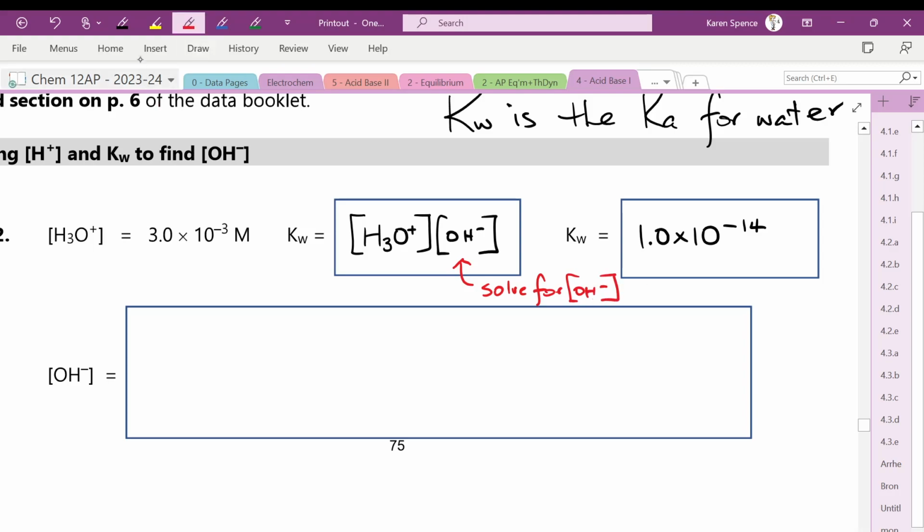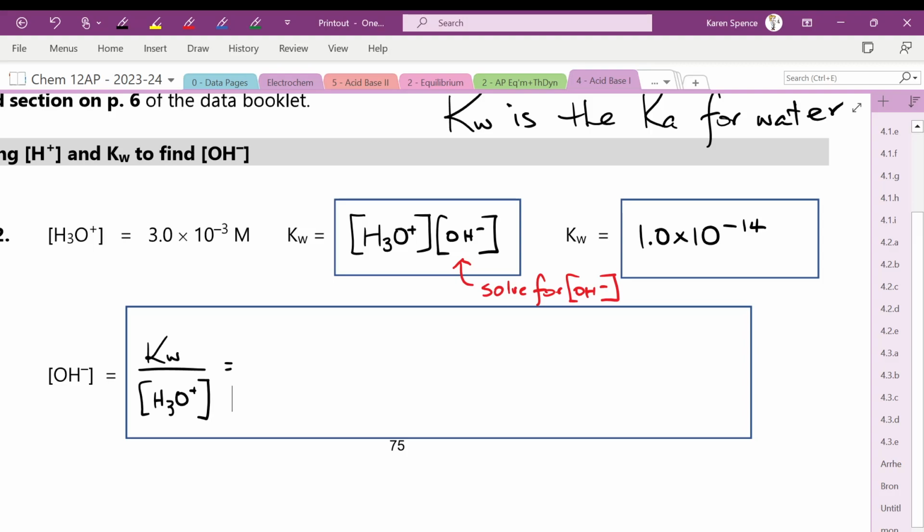So that would be Kw divided by H3O plus. Are we good with that algebra? Yeah? I'm asking too soon. You guys are still writing. I'll ask again in a minute. Are we good with that?